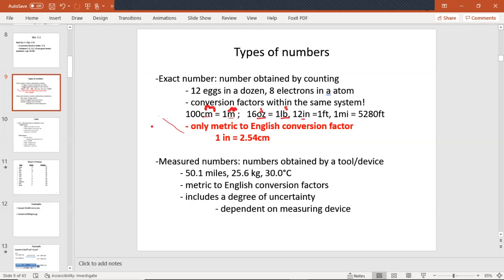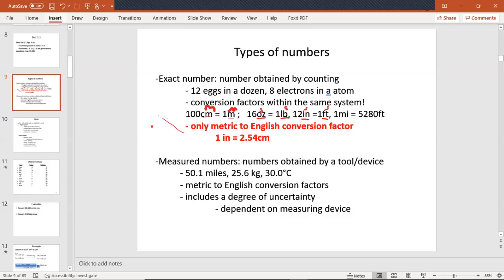Next, we have 12 inches in a foot. So inch and foot are in the standard system of measurement. So since we're going from standard to standard, this is an exact conversion factor. So as long as you're within the same system of measurement, those conversion factors are exact.